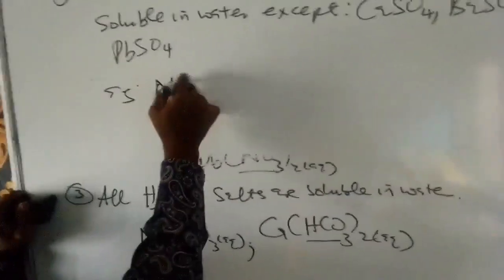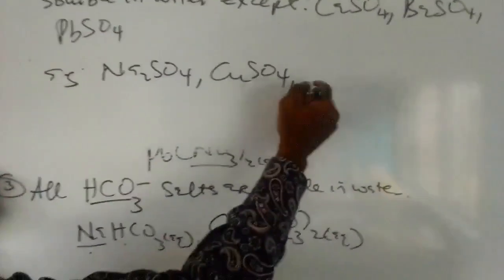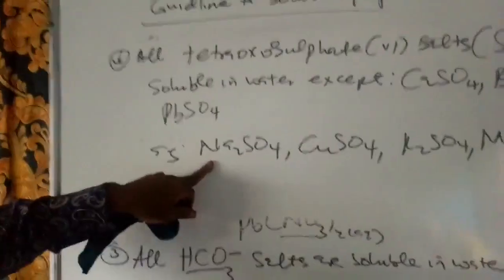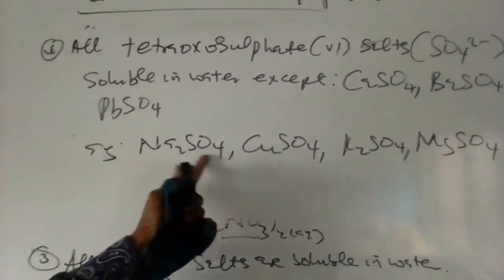So any salt, for example sodium sulfate, is soluble in water, copper sulfate is soluble, potassium sulfate is soluble, magnesium sulfate is soluble. So this salt is soluble in water because it contains sodium, since all common salts of sodium are soluble, or because it contains SO4.